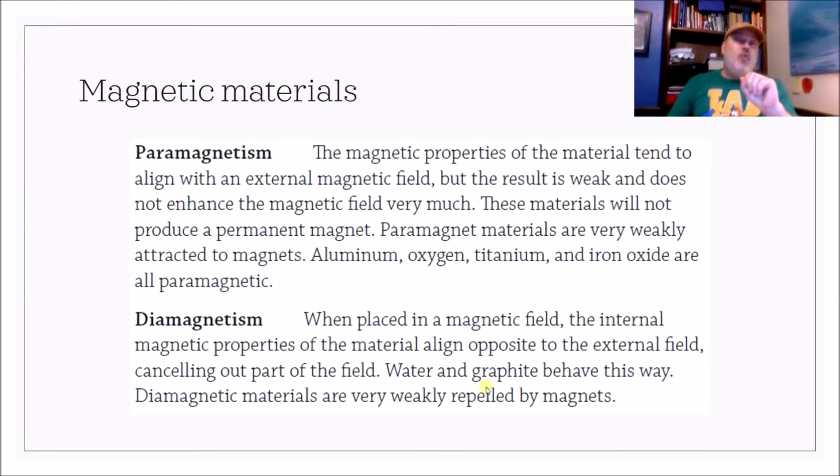Now there are other types. Paramagnetism is when you have one unpaired electron, and so they don't make these domains, but if you put them in an external magnetic field, they'll align temporarily and they will be attracted. So you get a weak alignment and a weak attraction in paramagnetism when you have a single unpaired electron.